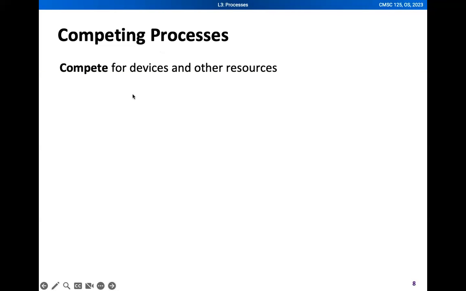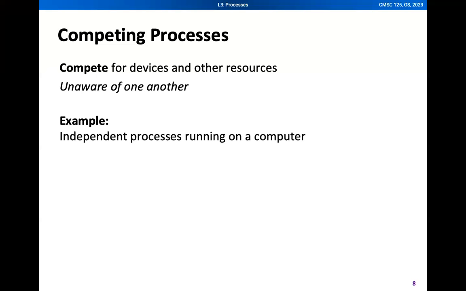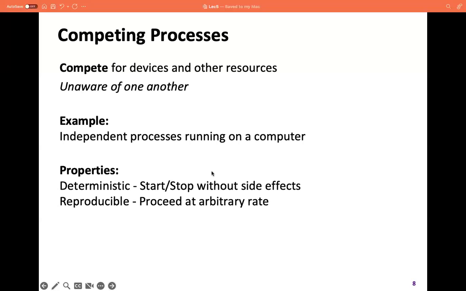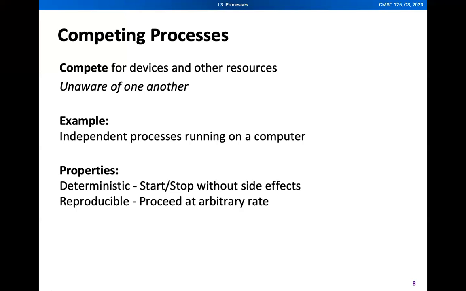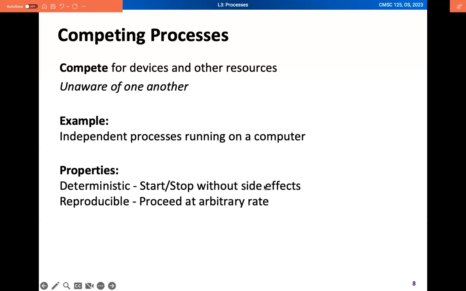Again, competing processes compete for devices and other resources. In this case, the processes are independent and are unaware of one another, for example, the independent processes that are running on a computer. What would be the properties and the potential problems? It is deterministic, so one process may be started or stopped without side effects.